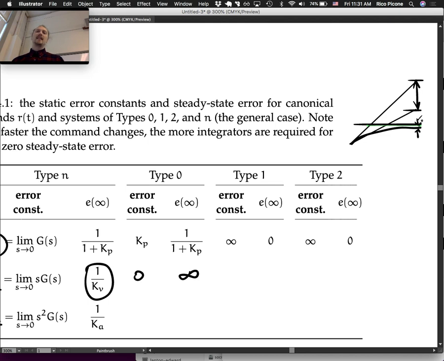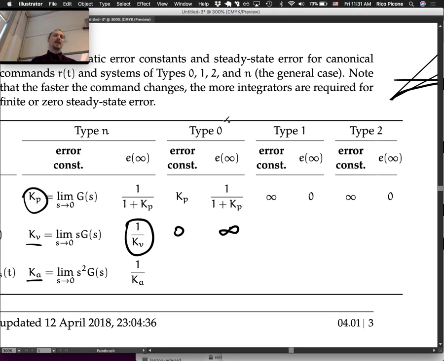But that stops for a step input. For a ramp input, that just keeps going, and they keep diverging. If you're saying I want it to be 20 psi now, and then 30 psi a second later, and then 40 psi the next second, 50 psi the next second, a type 0 system can't keep up.